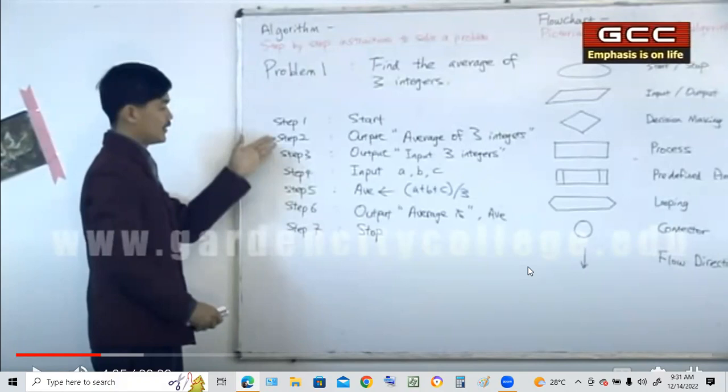Or write an algorithm for a voltage in terms of resistors and current. And this is the step that you're going to take. The first step, you're going to write the word start. And the second step, what will you write for the second step?